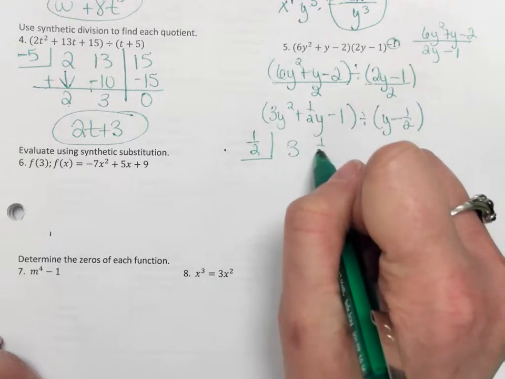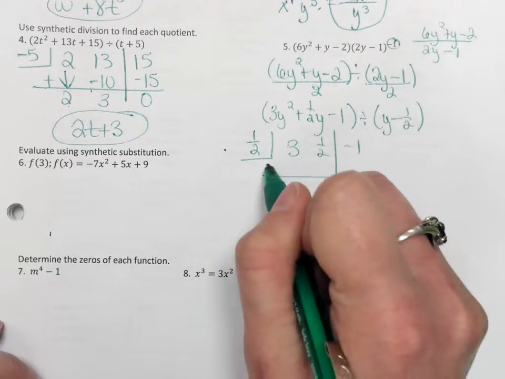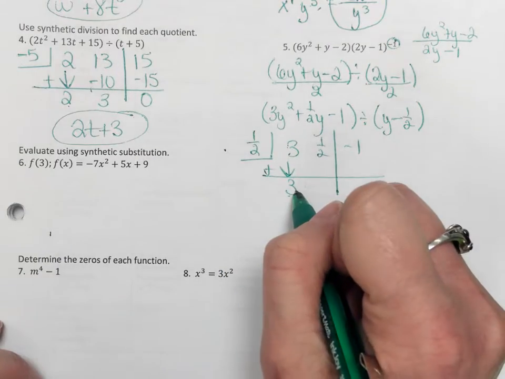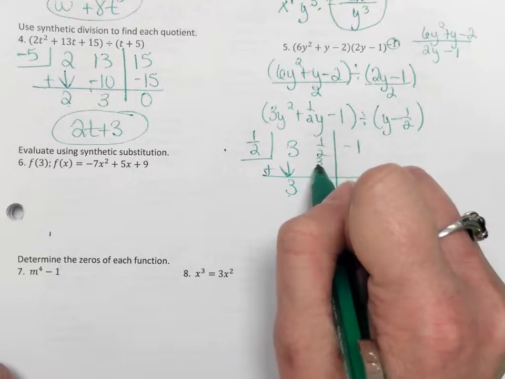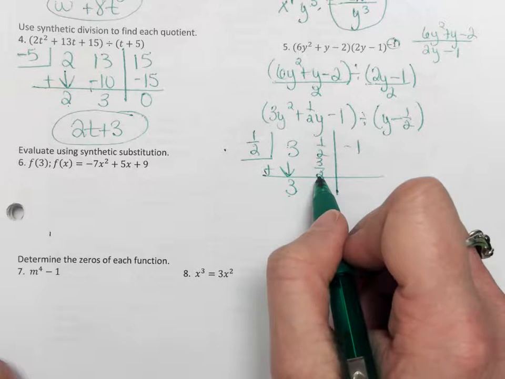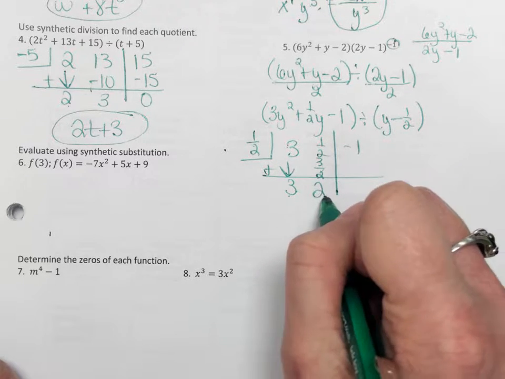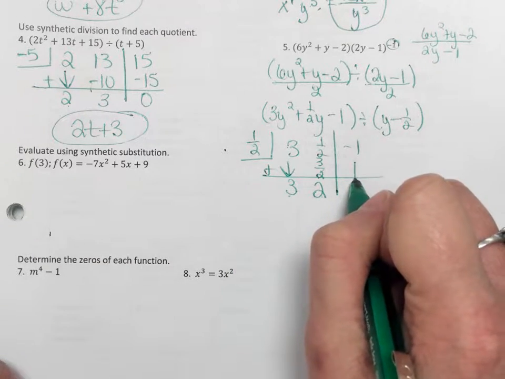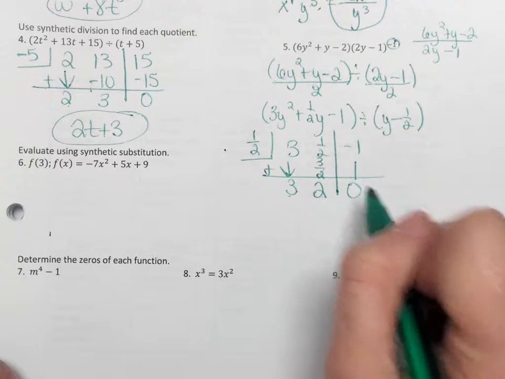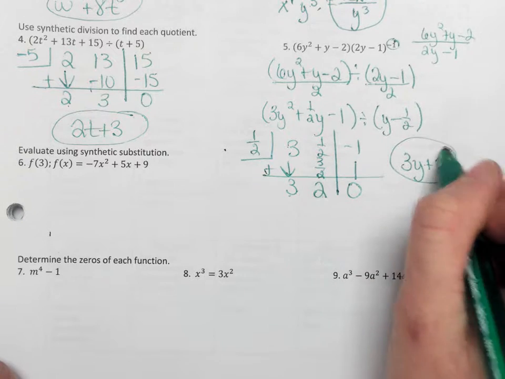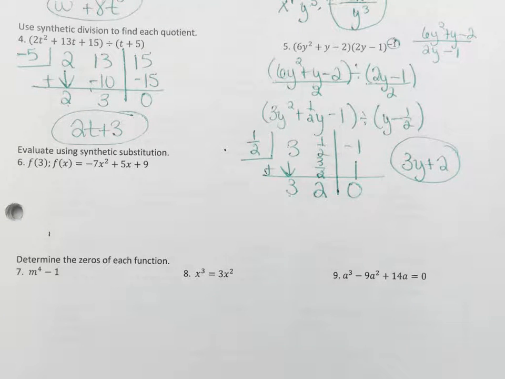And we do 3 and 1/2 and negative 1. And bring the 3 down. Multiply. What's 3 times 1/2? We want to keep it as an improper fraction. So that would be 3 over 2. Add, and you get 4 over 2. What's 4 over 2? 2. Multiply, and you get 2 over 2, which is 1. Add, you get 0. So you have 3y plus 2. Okay?